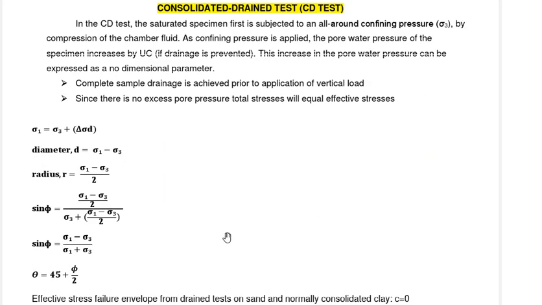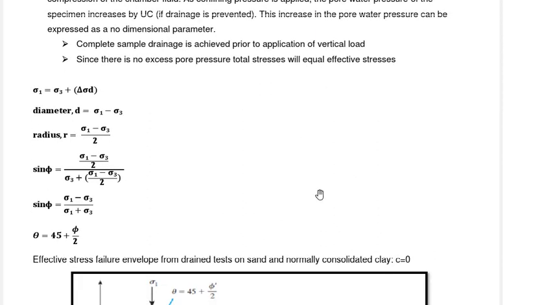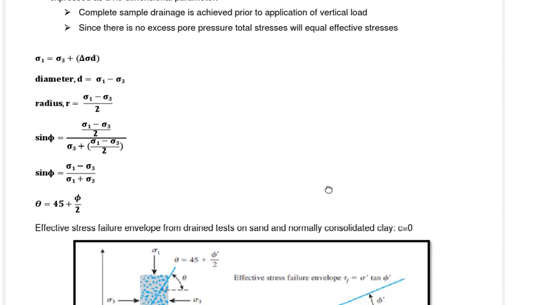Next, we have here the consolidated drained test, or what we call the CD test. In this test, the drainage valve remains open during both the consolidation and the shear phase, and any excess pore pressure that might be generated is allowed to dissipate, so there is no excess pore pressure in our CD test.